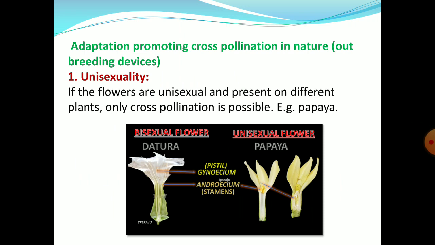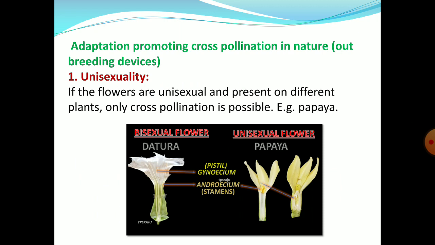So let us see. First outbreeding device is unisexuality. As you have learned, unisexual means both male and female parts of the flower are present in different flowers or different plants. So if the flowers are unisexual, then only cross pollination can be achieved.